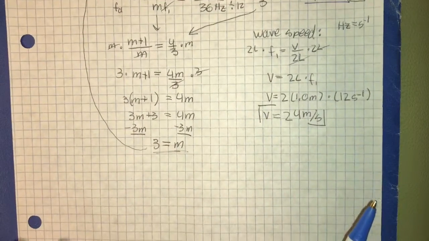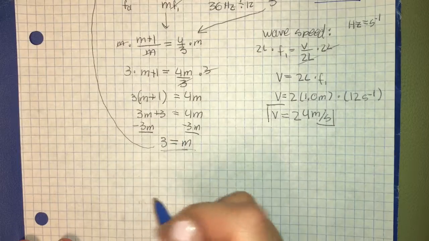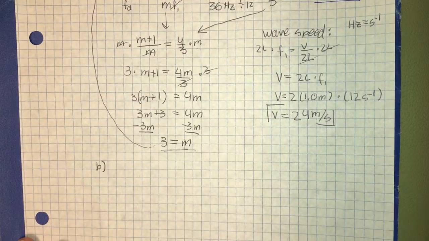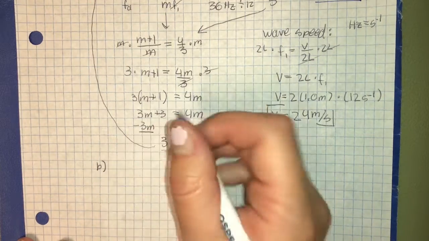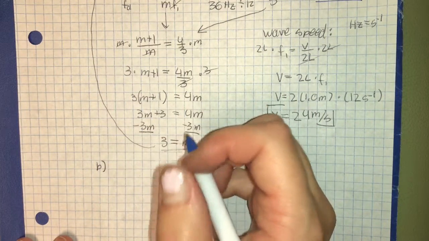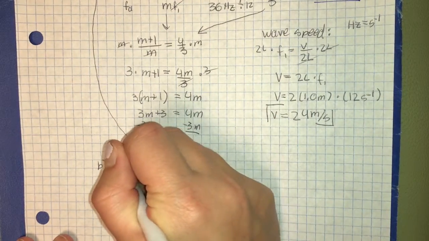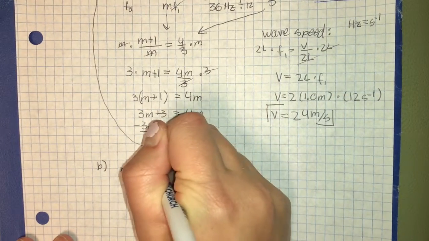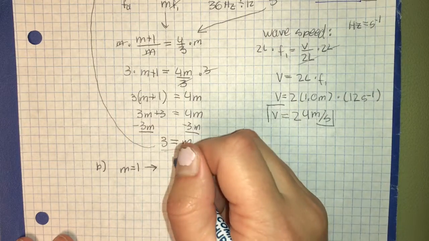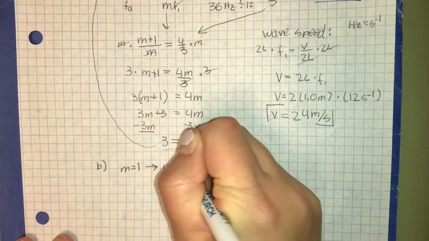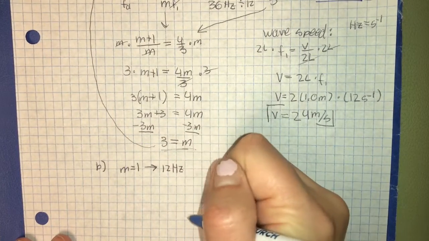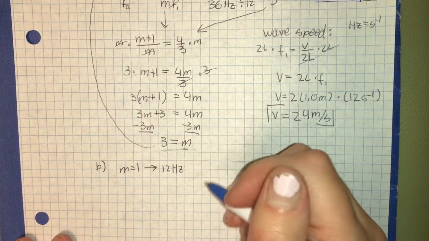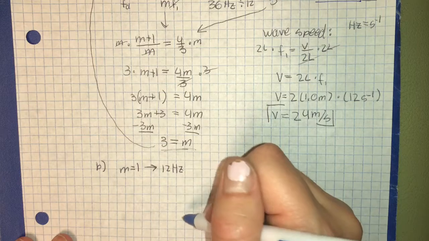And we could do this with all the information we have gathered. So part B, we know that when the mode is equal to 1, our frequency is at 12 hertz. And then since standing waves are multiples of the fundamental frequency, we're just going to keep adding 12.